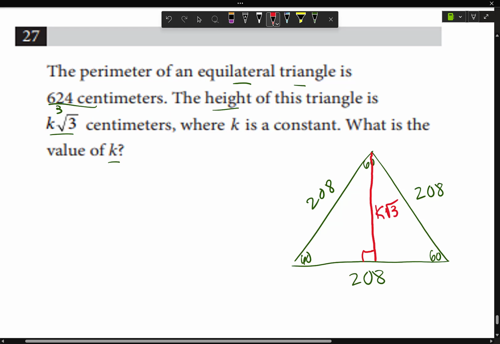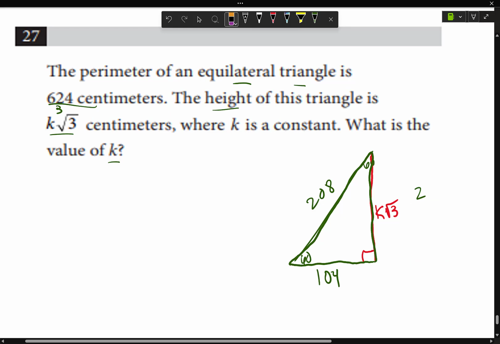And now we've got a little triangle here. We've got a triangle where, of course, this whole bottom side is 208. But really, this smaller right triangle, the side is 104. So we're only looking at this, not looking at any of that. Let me just erase that.